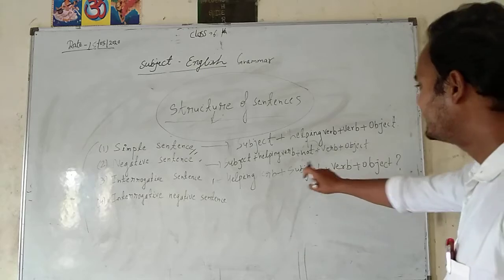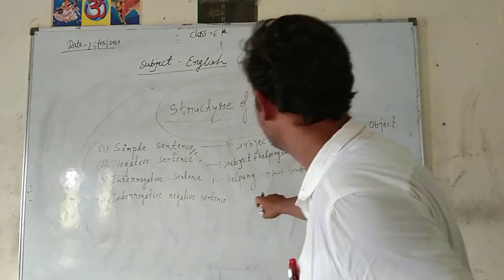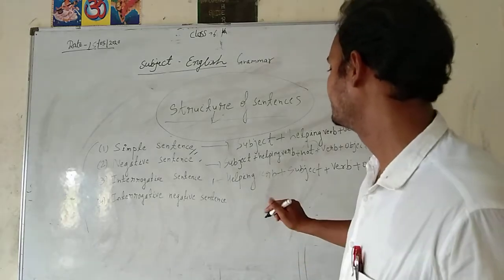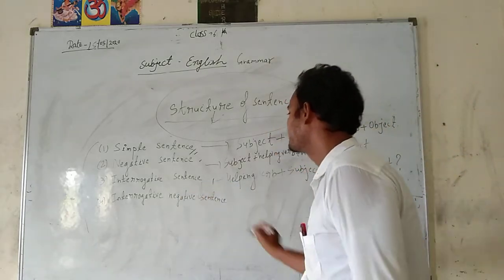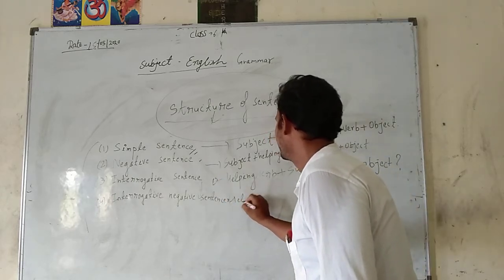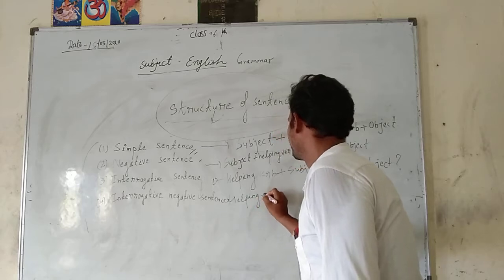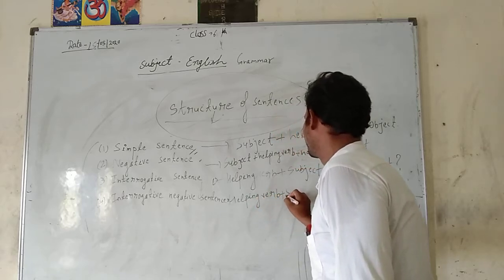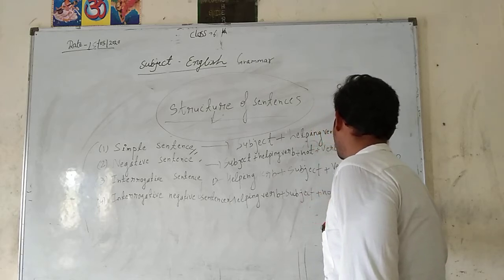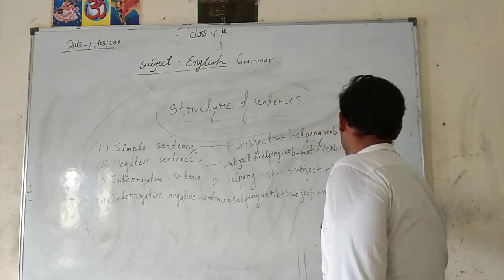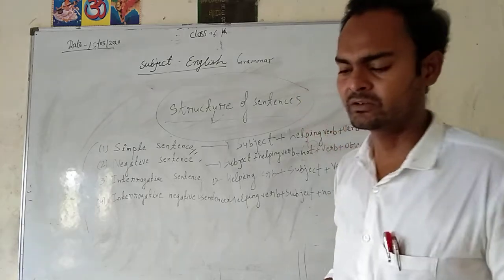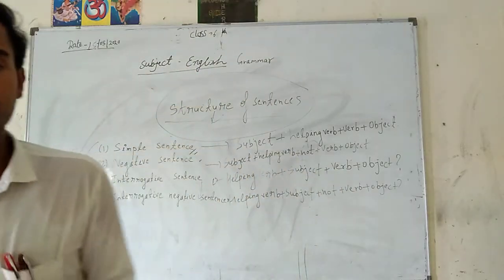So in an interrogative sentence the helping verb should be at the start, then subject, then verb, then object. And just a simple change in the interrogative negative sentence: helping verb, subject, not, verb plus object, and a question mark also has to be there.